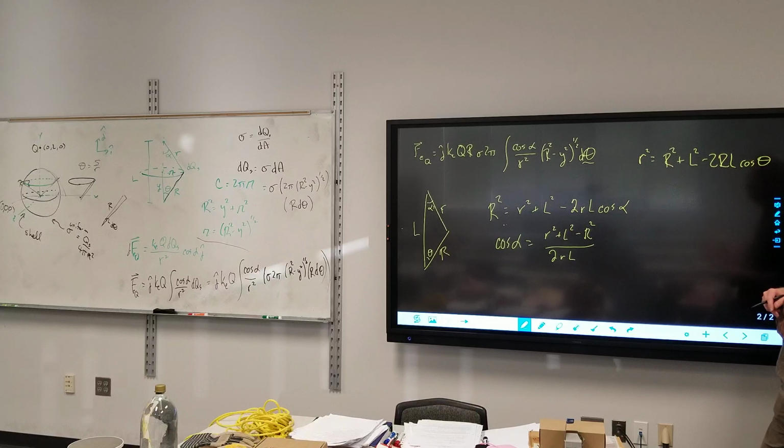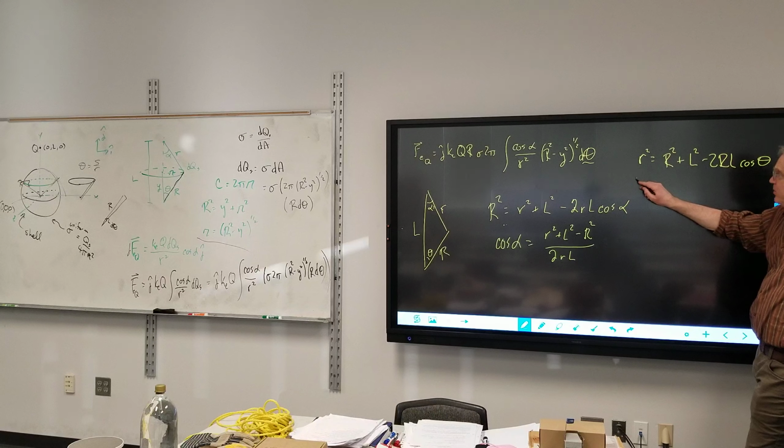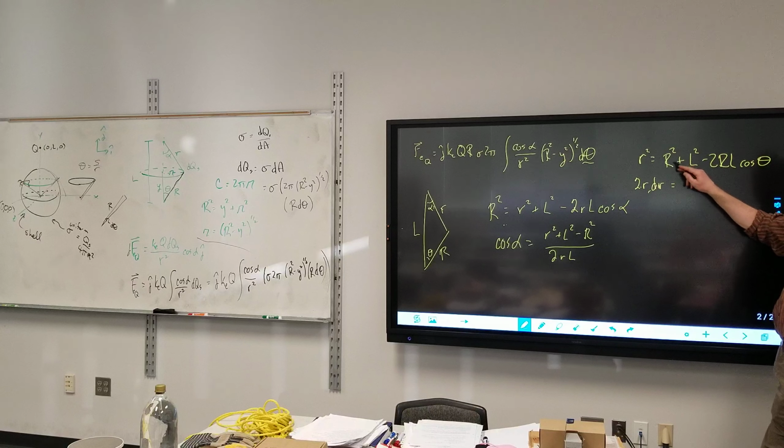All right. Now I want to get to d theta, so I have to do a derivative here. So let's do a derivative. Little r is a variable, so this is 2 little r dr. Big R squared is a constant, L squared is a constant, and so then minus 2RL, the derivative of cosine is negative sine, sine theta, d theta.